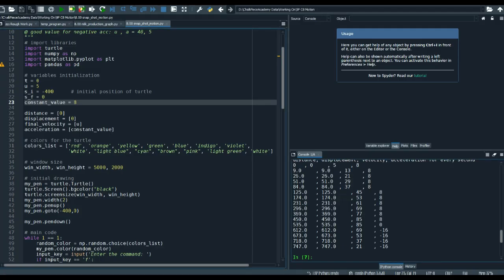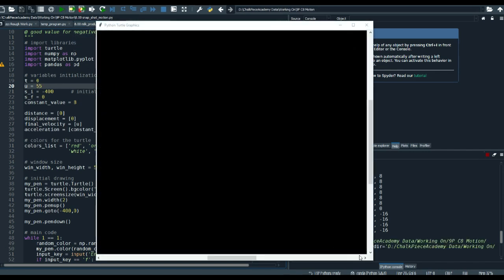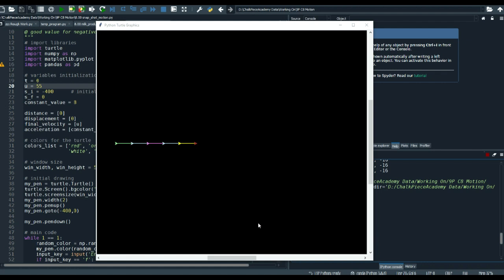So let me show you guys a linear motion being uniform and non-uniform. So this is an object which is moving in a uniform manner. Right, you can clearly see it is covering equal distance in equal interval of time.